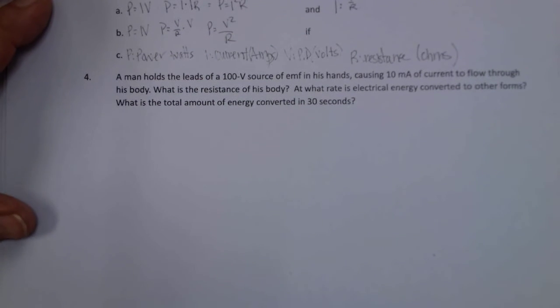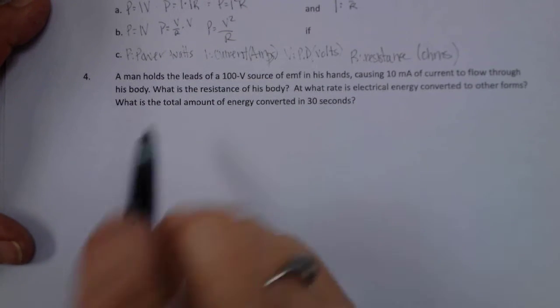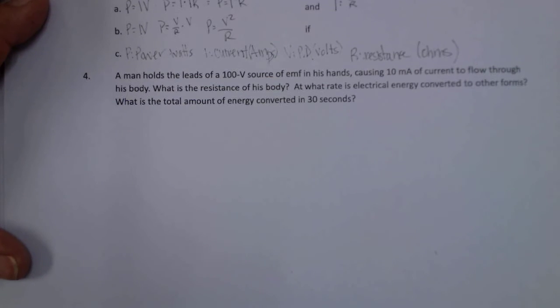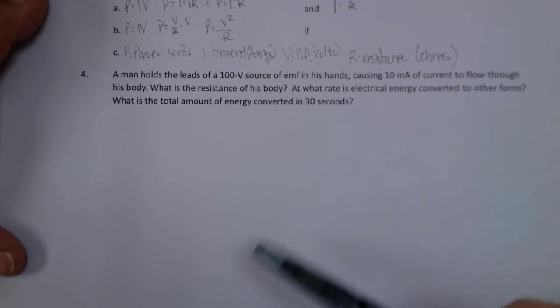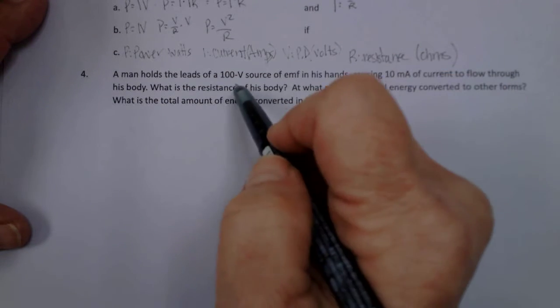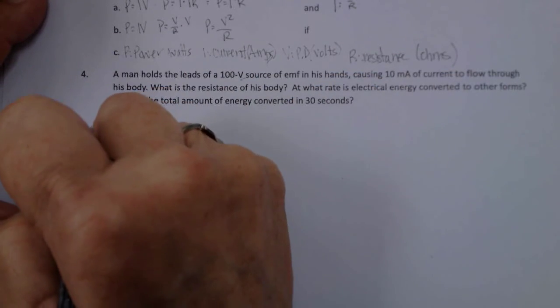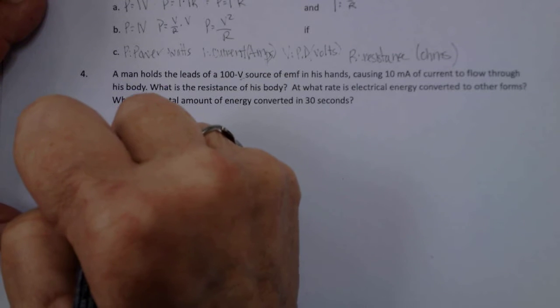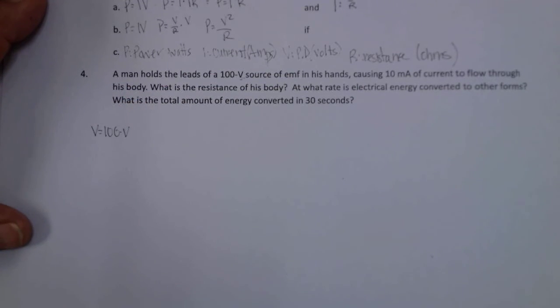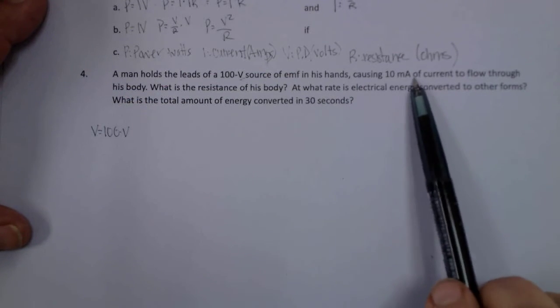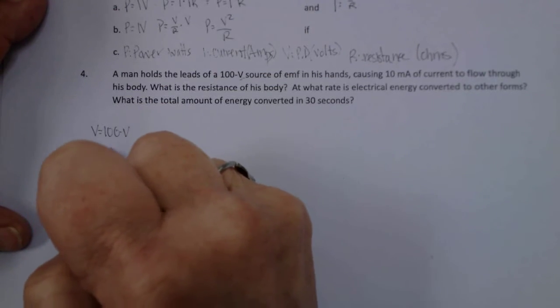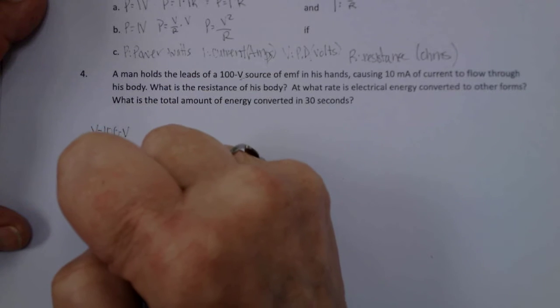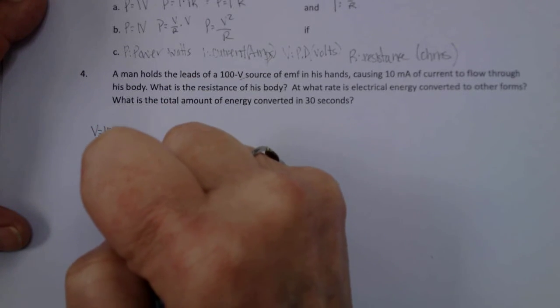So let's figure out what we know and what we're looking for. This is one of those times where it's really useful to write down what you know and what you're looking for along the side. So my potential difference, my V, is 100 volts. And then my current, which is I, is equal to 10, and then the milli means 10 to the negative 3 amps.